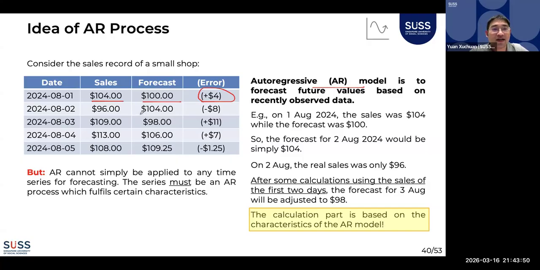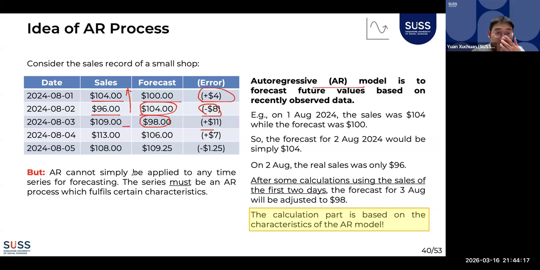You may have a forecast in period 2 of 104, but the actual is 96, so you have an error. The forecast in period 3 is based on past sales values and some of the errors, and you have the forecast, the actual value, the error, and so on and so forth.